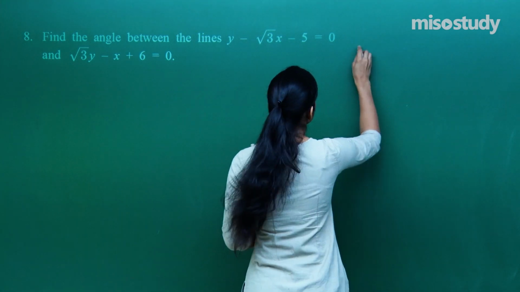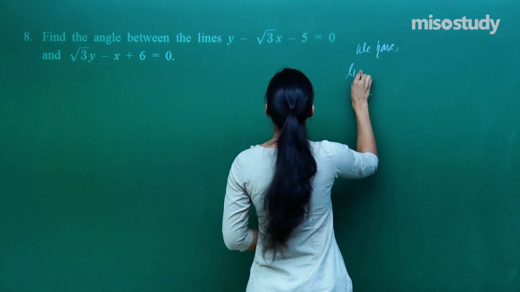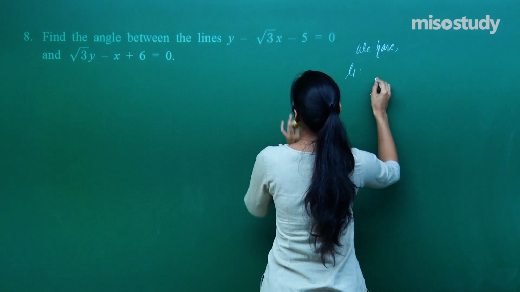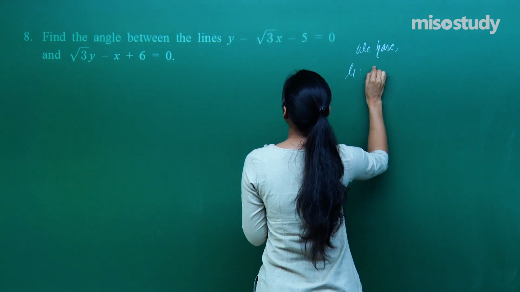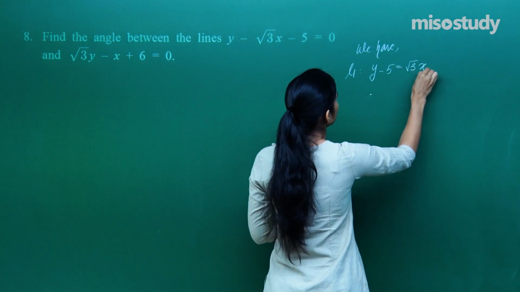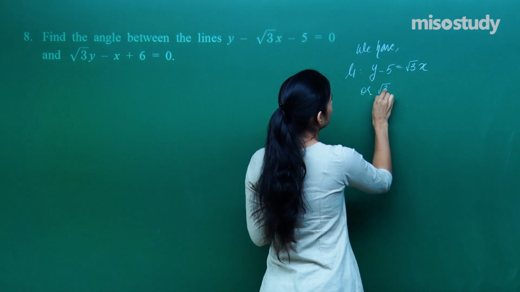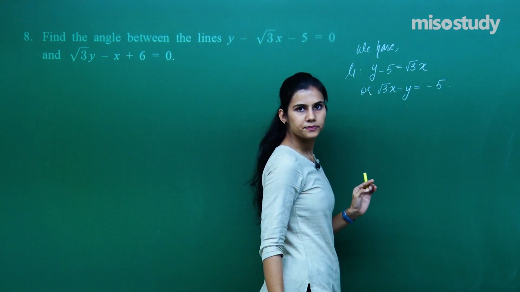So I have line 1 as, let's convert it into the general equation: y minus root 3x minus 5 equals 0. This can be written as y minus 5 equals root 3x, or root 3x minus y equals minus 5.